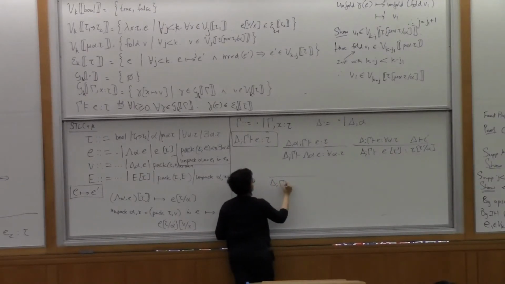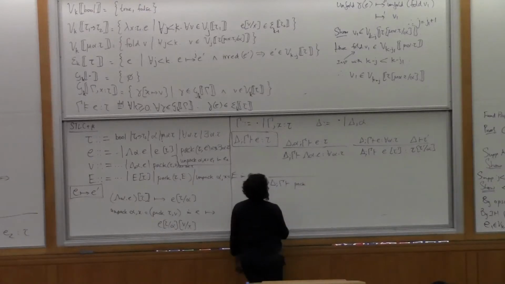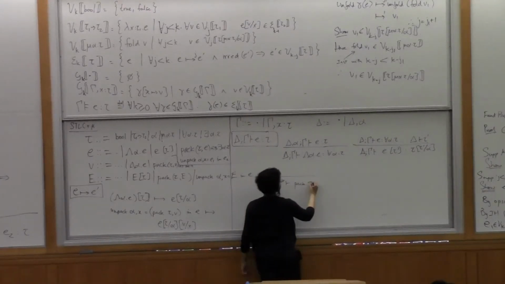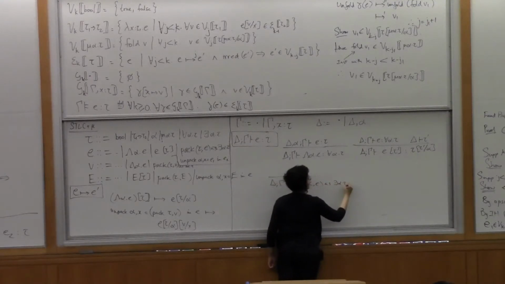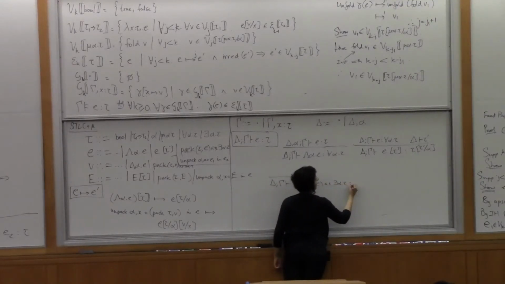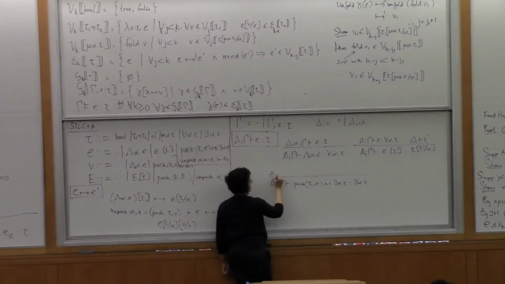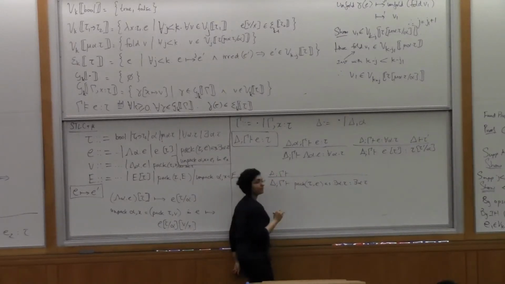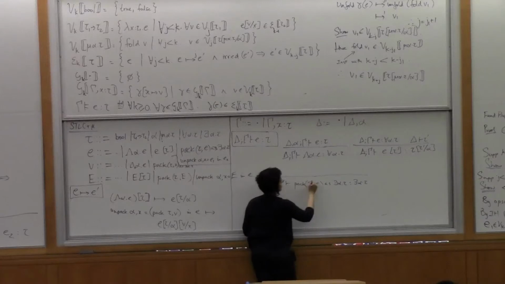Okay, pack tau E as exists alpha tau has type exists alpha tau if what? Let's put the type thing first. Oh, I should use a tau prime here.